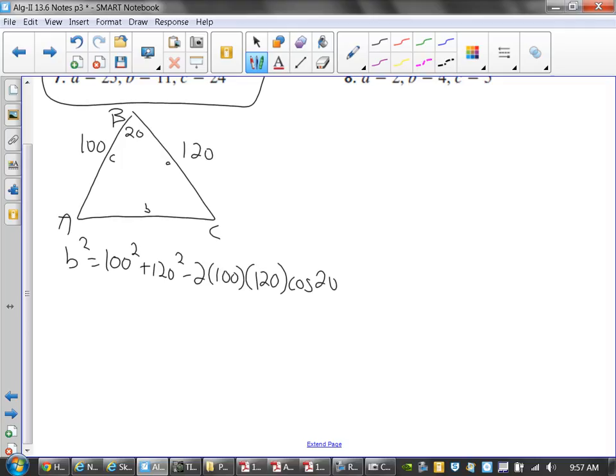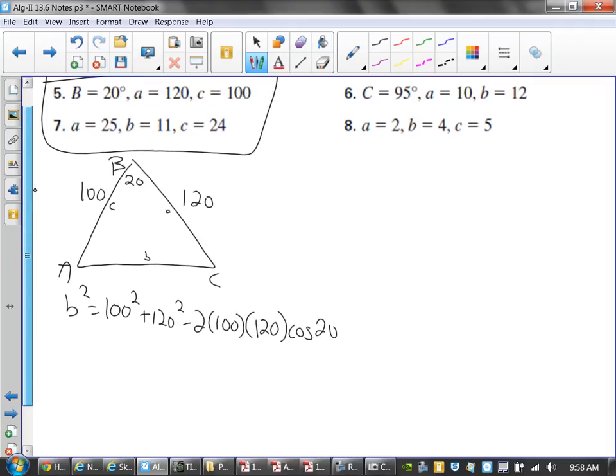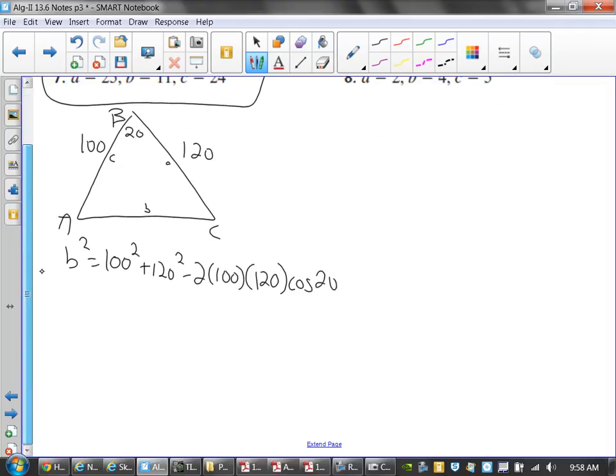I got 42.98. No, I'm getting 120.86. But it doesn't agree with C, because then A and C would have to be smaller angles.